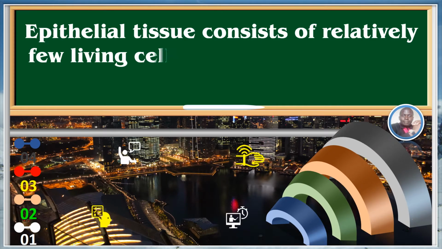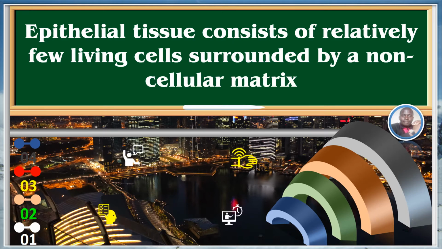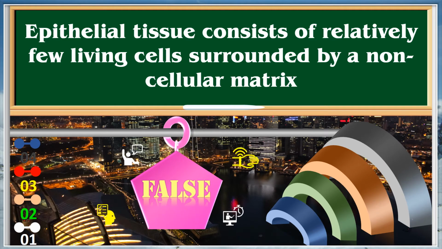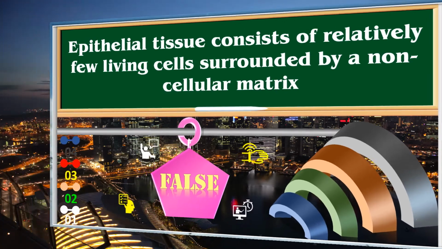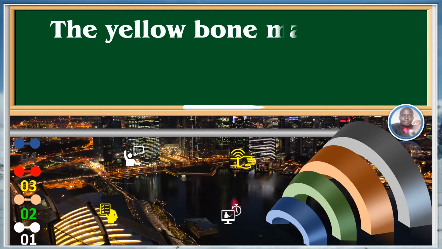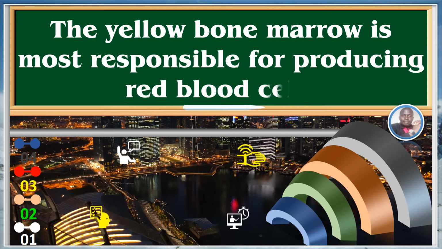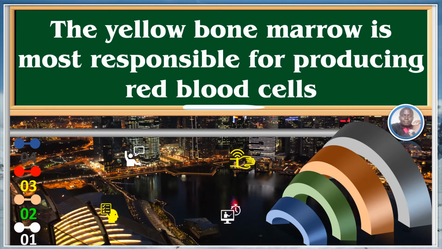Epithelial tissue consists of relatively few living cells surrounded by a non-cellular matrix. False. The yellow bone marrow is most responsible for producing red blood cells.